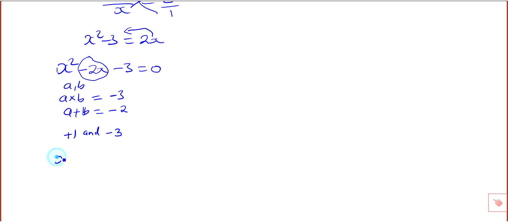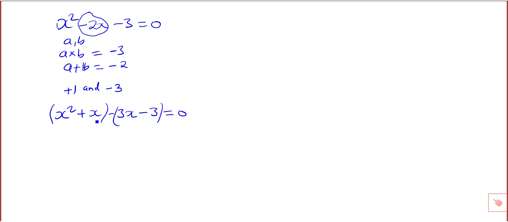So what I shall have is x squared plus x minus 3x minus 3 is equal to 0. Now I'm going to pair up these values, and when I take x outside, I shall have x into x plus 1.